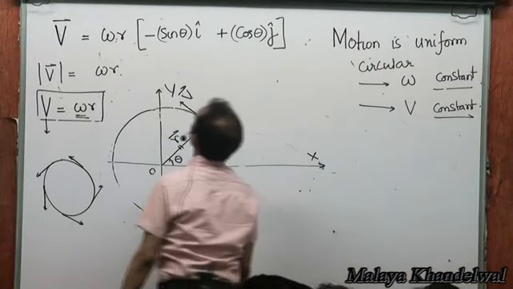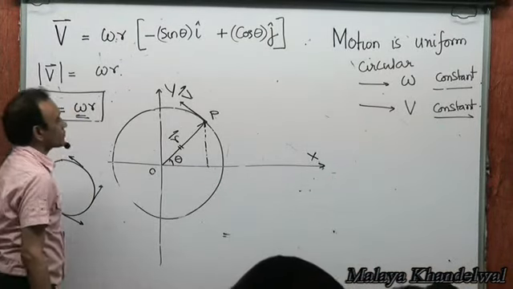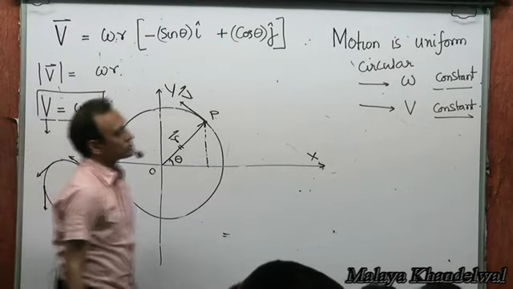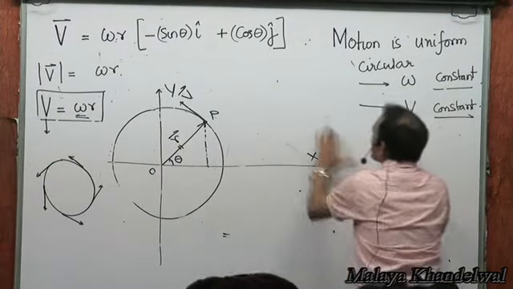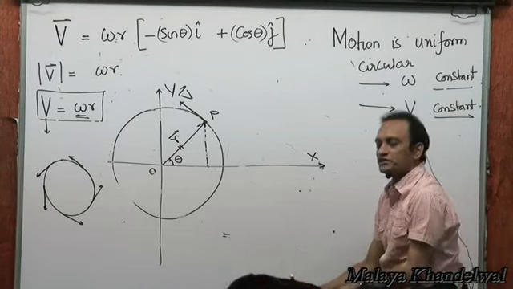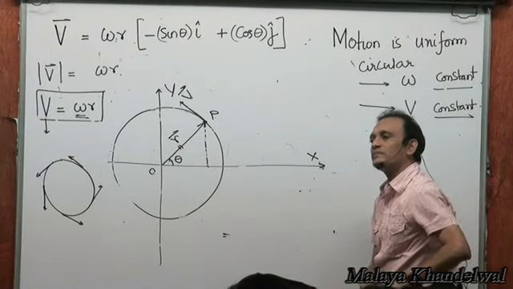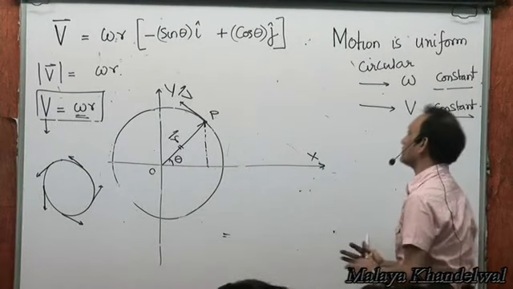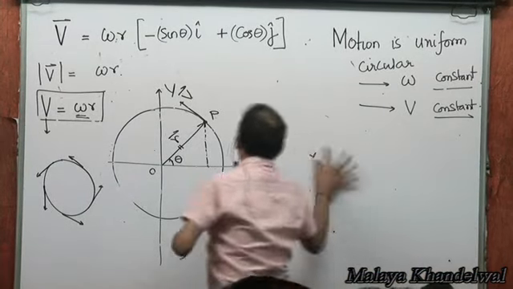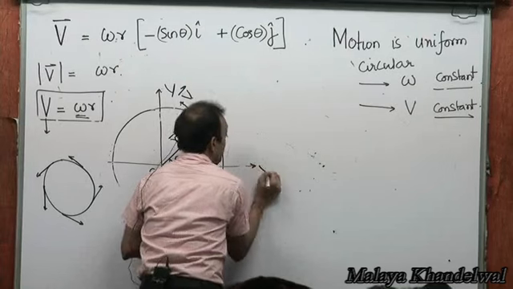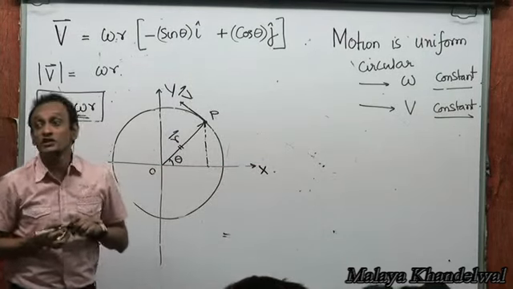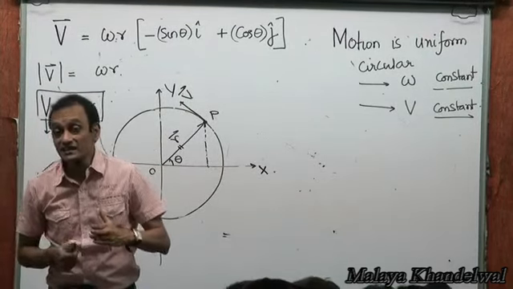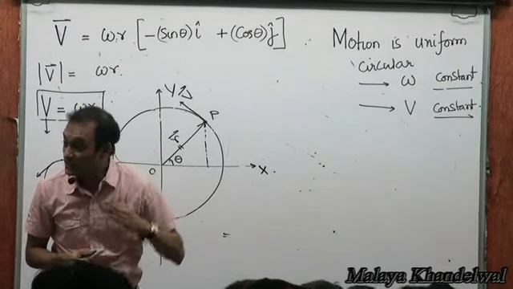Now notice, from this point onwards, let me look at a situation where I would imagine omega to be constant and linear speed, v, to be constant. If the velocity vector is changing with time, that means there is a case of acceleration.